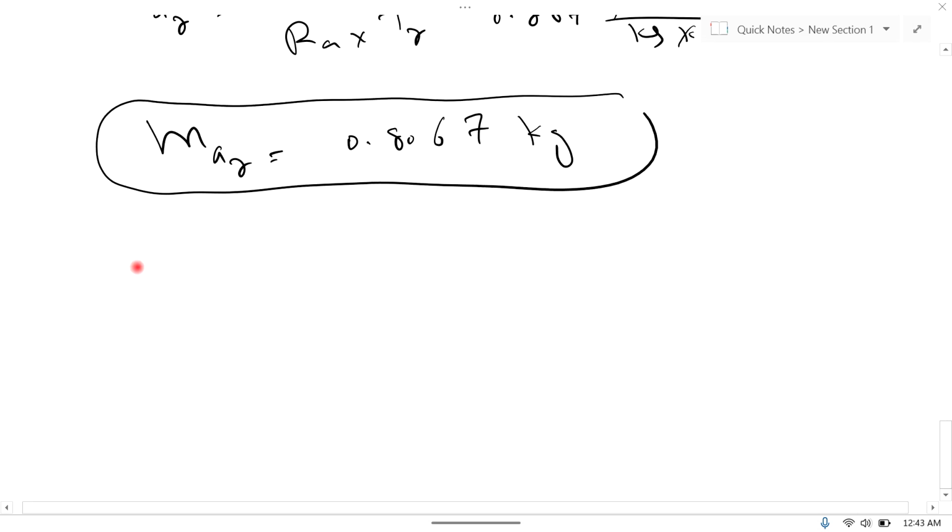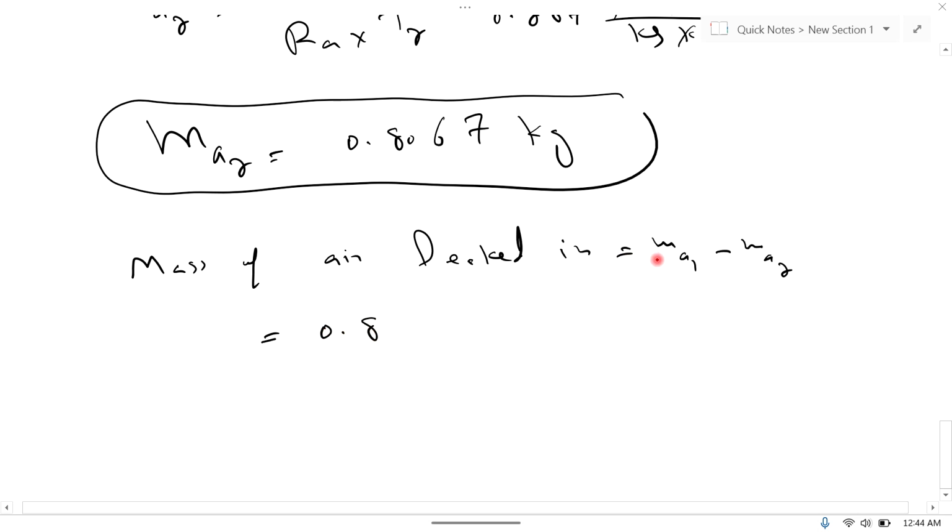So we can easily find mass of air leaked. It is equal to MA1 minus MA2. Sorry, this is MA2 minus M leaked. So leaked will be found from final minus initial.